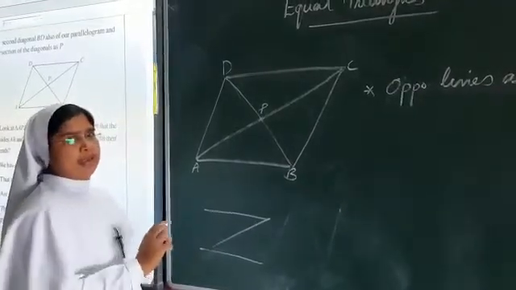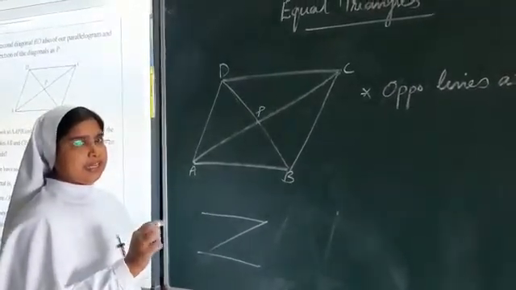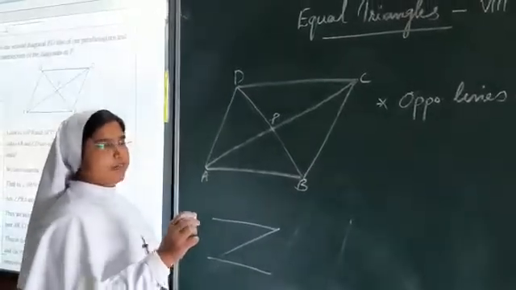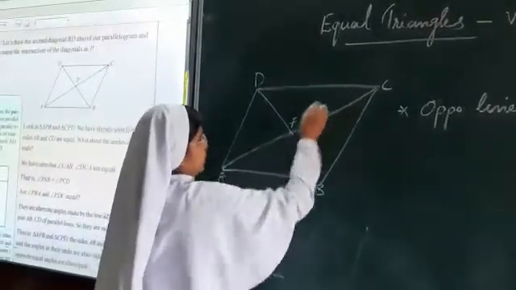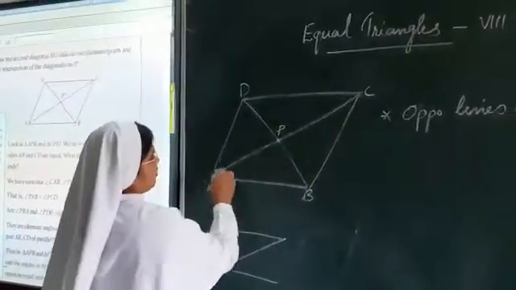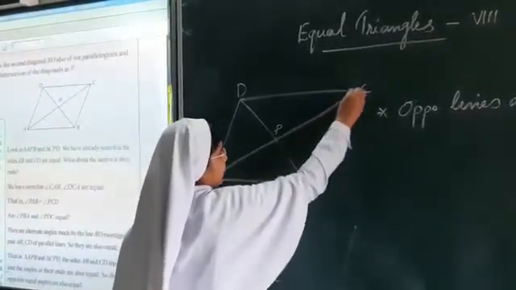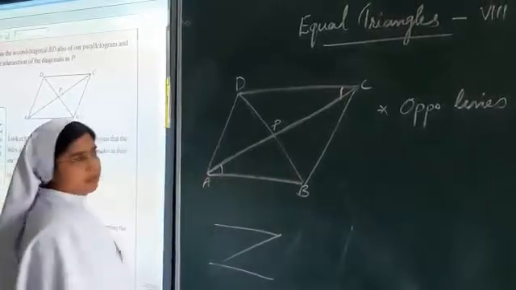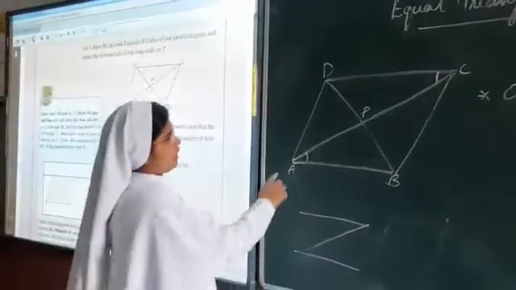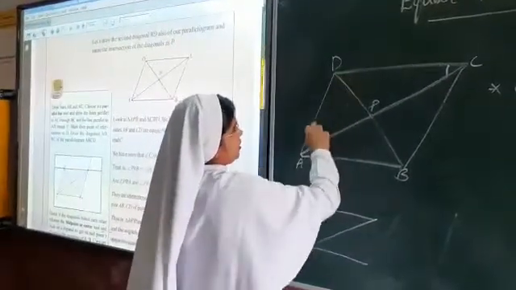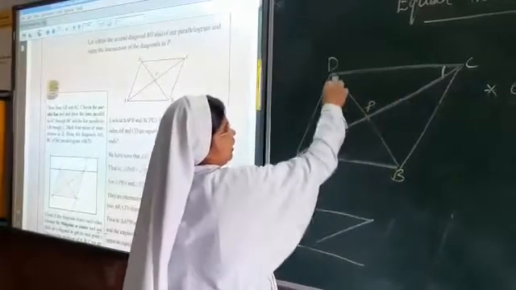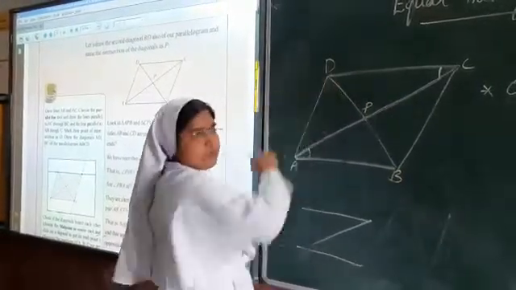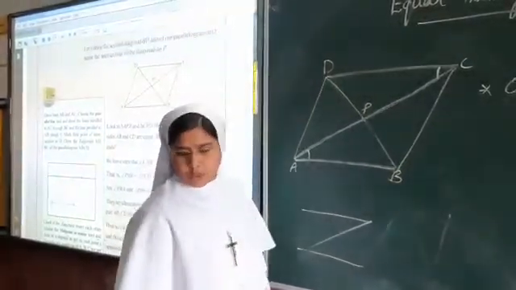When two parallel lines are cut by a third line, then the alternate angles are equal. Here these two lines are cut by another line, this diagonal, then the alternate angles are equal. In the same way, these two lines are cut by this one, then we can say this angle also will be equal.